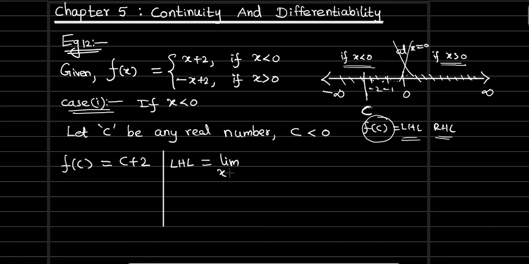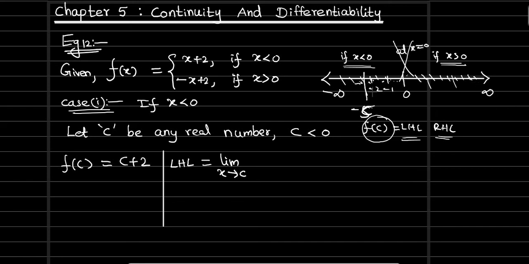Limit x is approaching towards the c. See, we are checking the continuity at values close to the c now. Suppose c is -5, the close values of -5 on the left hand side will be less than 0 only. Of course, on the right hand side also, it will be less than 0 only. I am not considering values far on the right side.